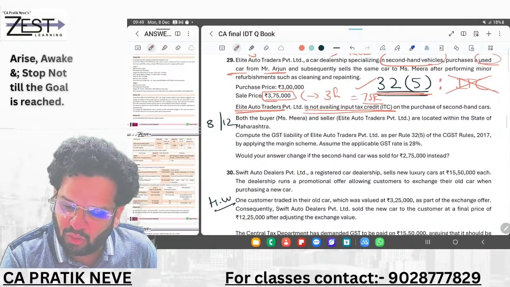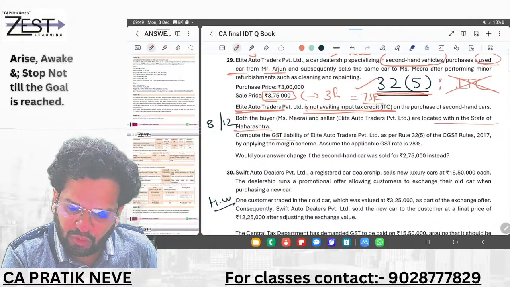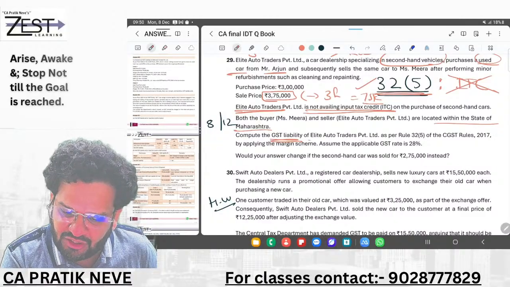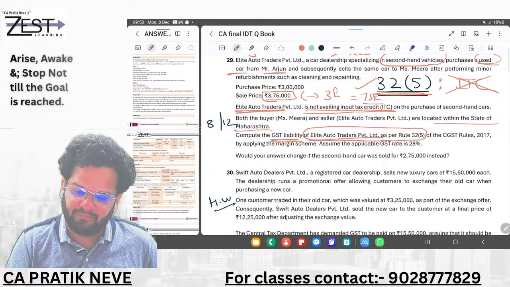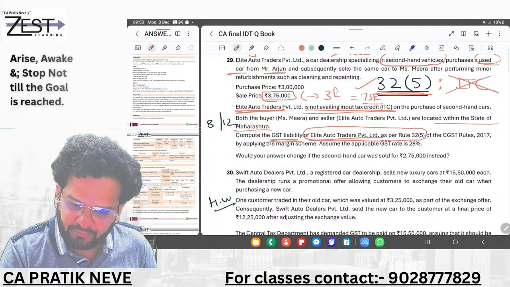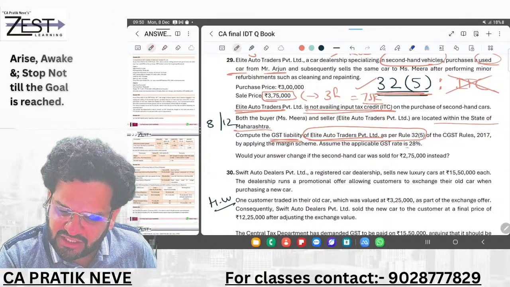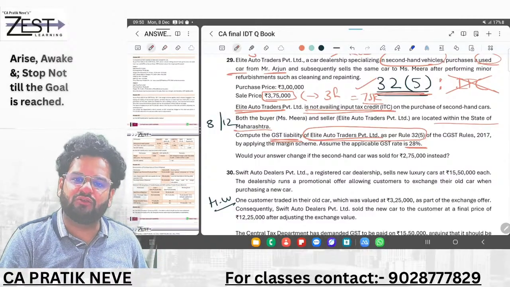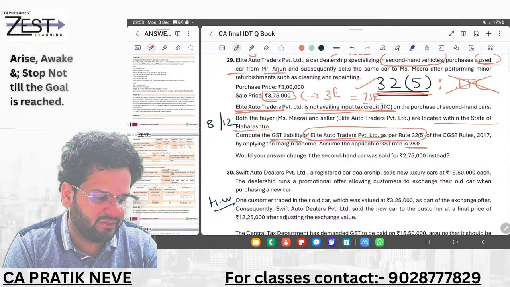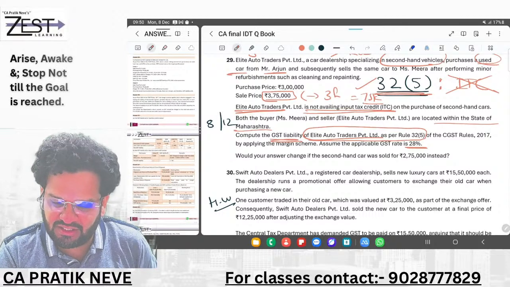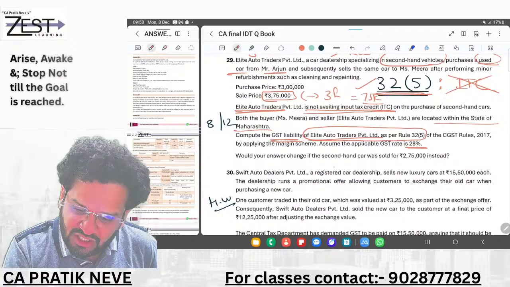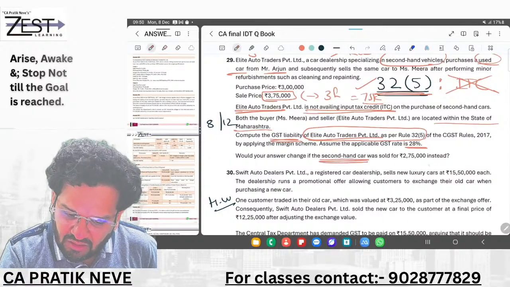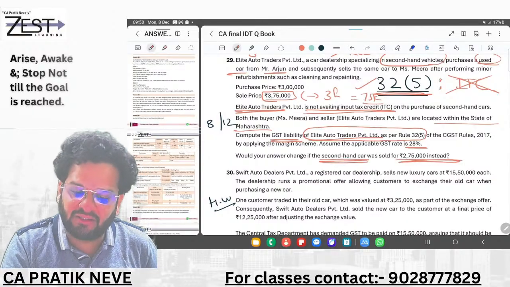Both are located within the state. Compute GST liability of Elite Auto Traders as per Rule 32(5). Assume GST at 28%. On 75,000, you can calculate at 28%, meaning 14% each CGST and SGST. Would your answer change if the second-hand car was sold for 2,75,000?